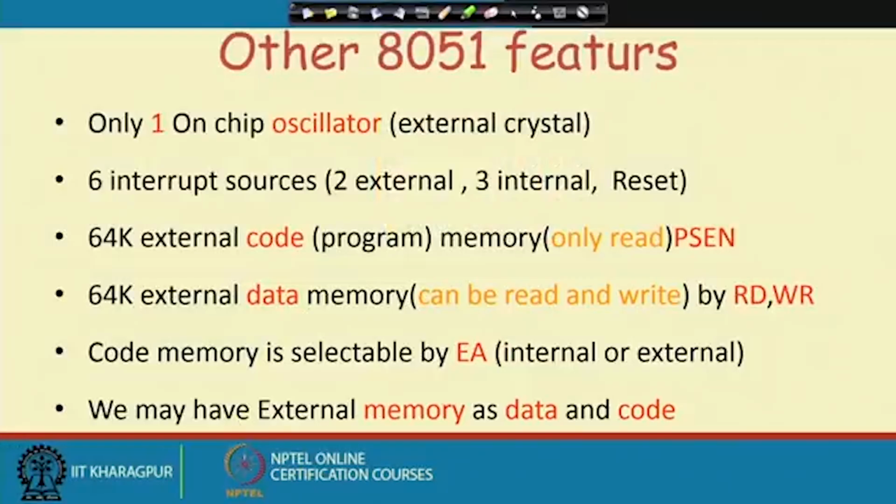For ROM access, only the read line should be connected to the read of the ROM. For the RAM access, the read and write lines are to be connected to the read and write pins of the RAM. But in case of 8051, since program memory and data memory are totally separate, the program memory is controlled by the PSEN signal, whereas the data memory is controlled by the read and write signals.